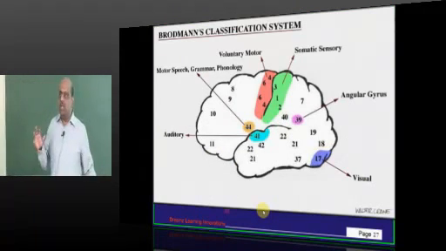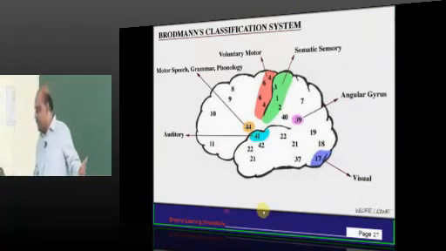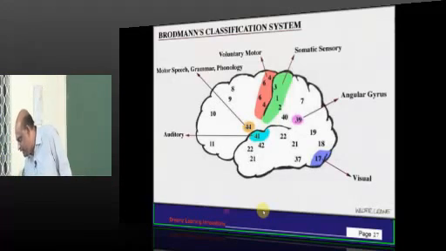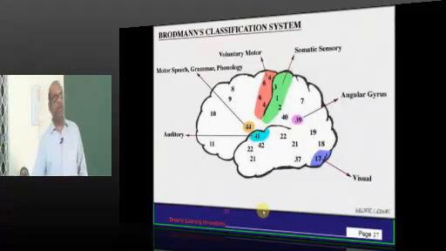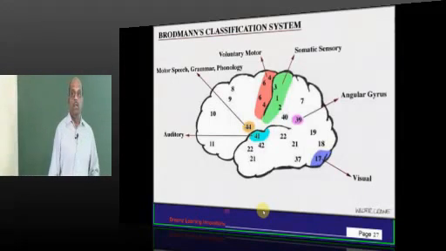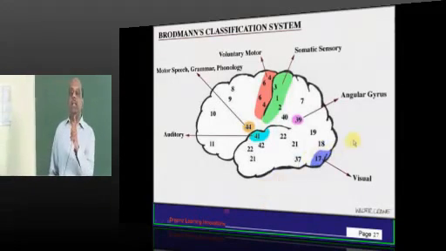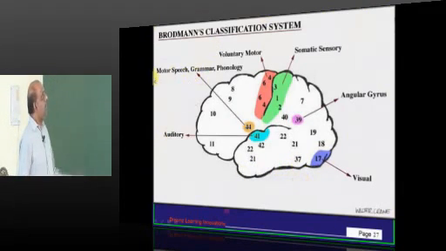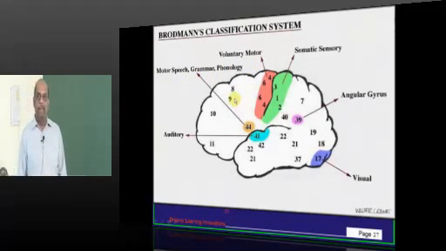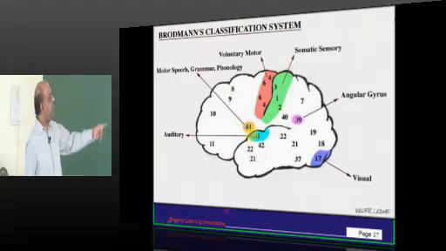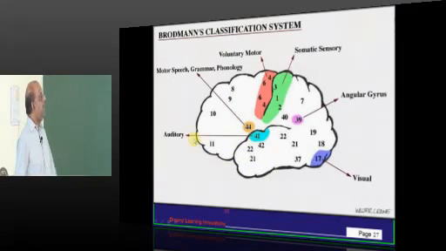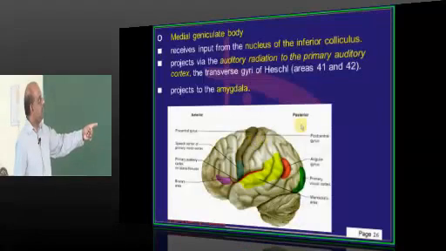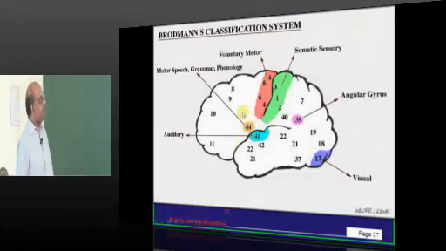So in summary, this Brodmann classification system is a very, very important thing to be remembered. Any question can come out of these areas. Numbers, you need to remember. Motor speech, grammar, phonology is all because of area 44. Then the auditory area, which is basically called the transverse gyrus of Heschl, is 41 and 42.